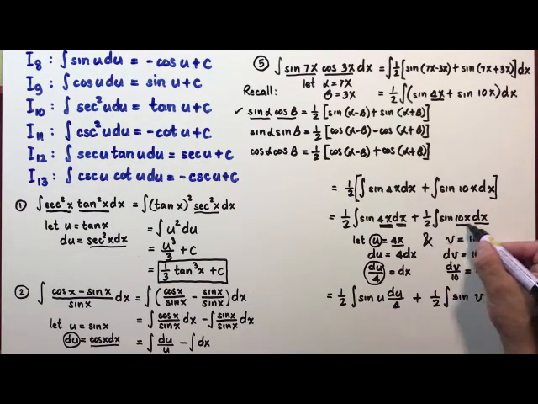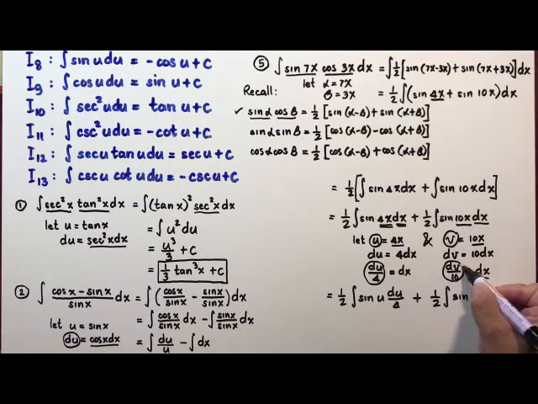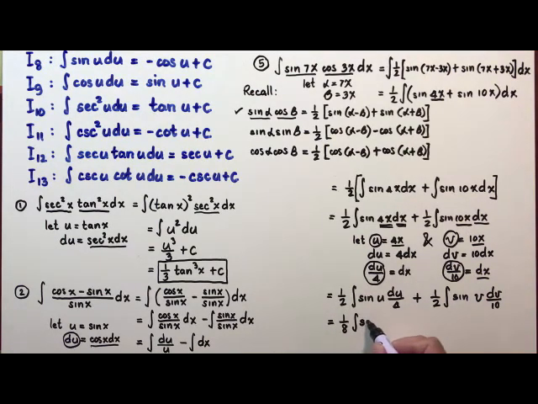Instead of writing 10x, I will write v, and instead of writing dx, I will write dv over 10. You see that there are constants in the denominators of our du and dv, so I can factor them out. That is 1/8, because 1/2 times 1/4 is 1/8, times the integral of sine u du, plus 1 over 20 times the integral of sine v dv.